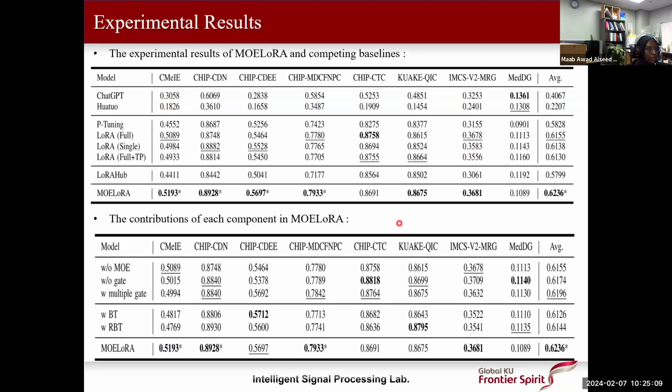So for the experimental results comparing to the other baselines, first we have the large language model without fine-tuning. Compared to the other methods, it lags behind them, which shows how important fine-tuning is to a large language model if we want to apply it to task-specific medical knowledge.